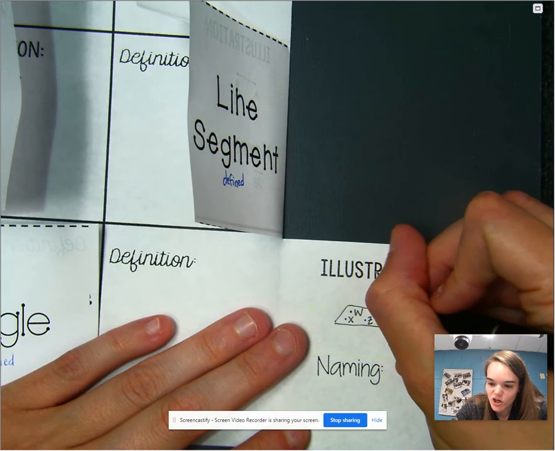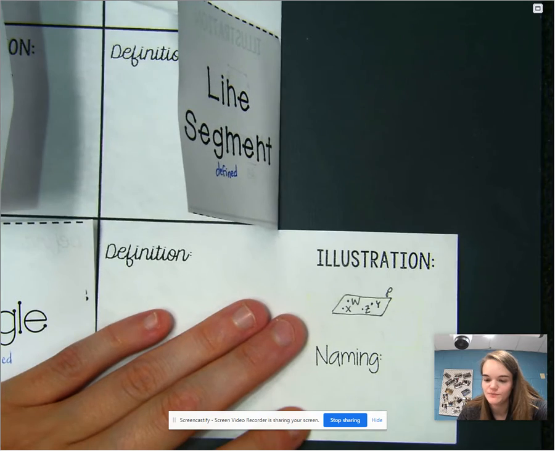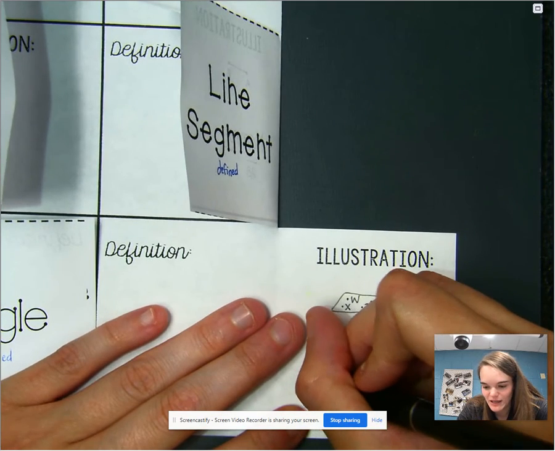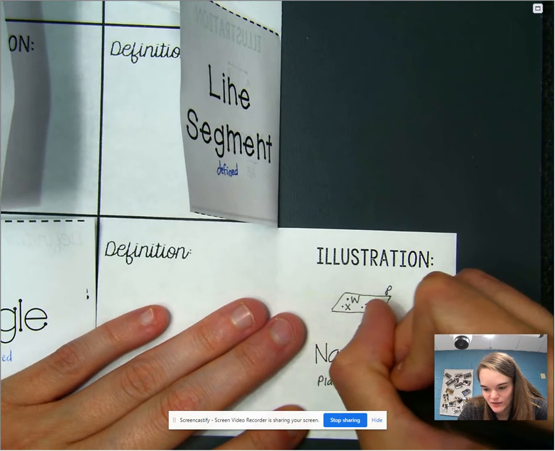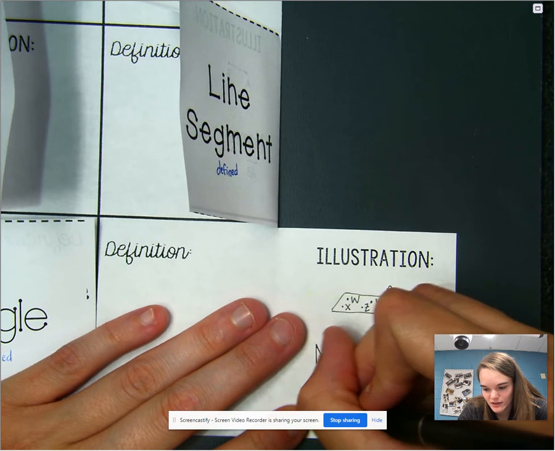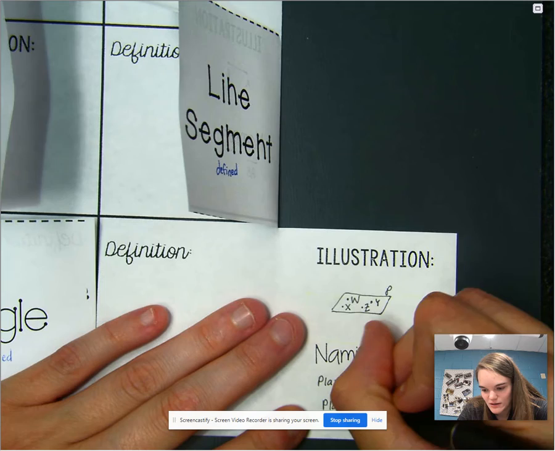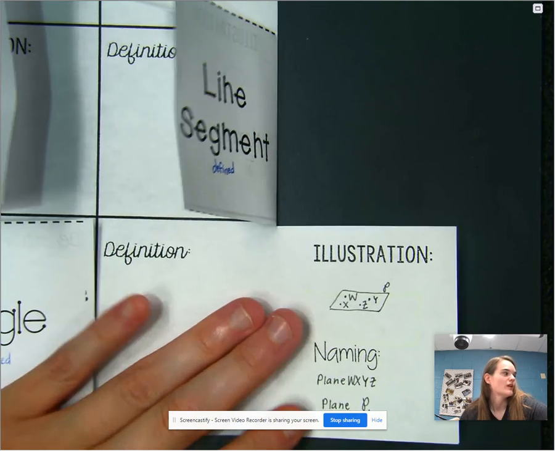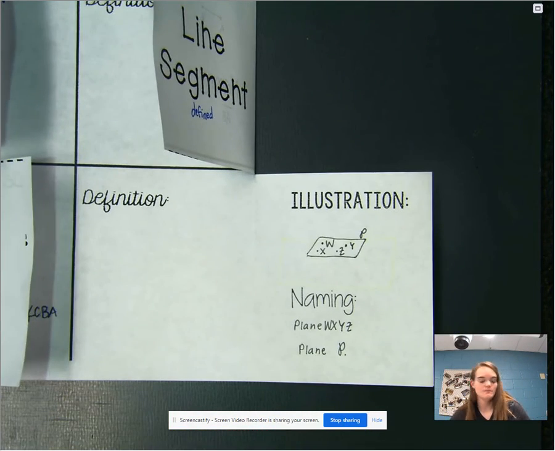Also, it might have a cursive letter sticking out. So this is plane WXYZ, or plane P. So that's how you name a plane, okay?